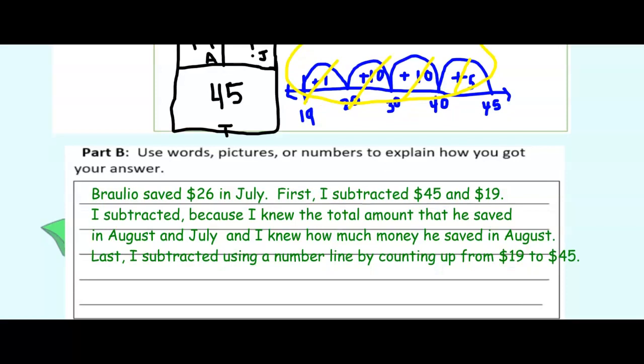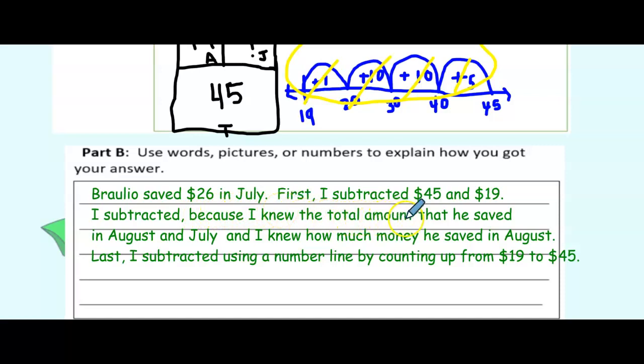Now, boys and girls, remember, if you don't have exactly what I have, it's okay. Just as long as you talked about how much Braulio saved in July, you talked about you subtracted using a number line, and you talked about how you knew to subtract. So I wrote, Braulio saved $26 in July.